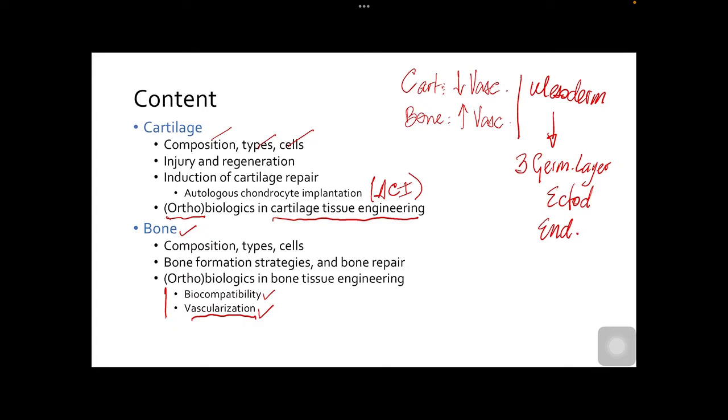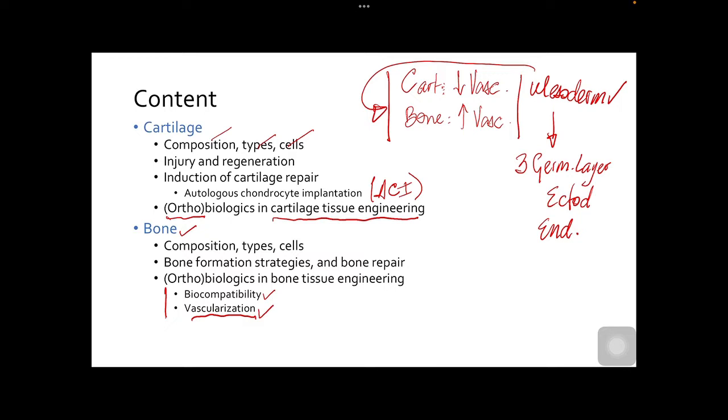You can see more in chapter 3 on embryology. But what we will do is talk about the two types of tissues that are derived from the mesoderm, which are two very important types of connective tissue, both being cartilage and bone.